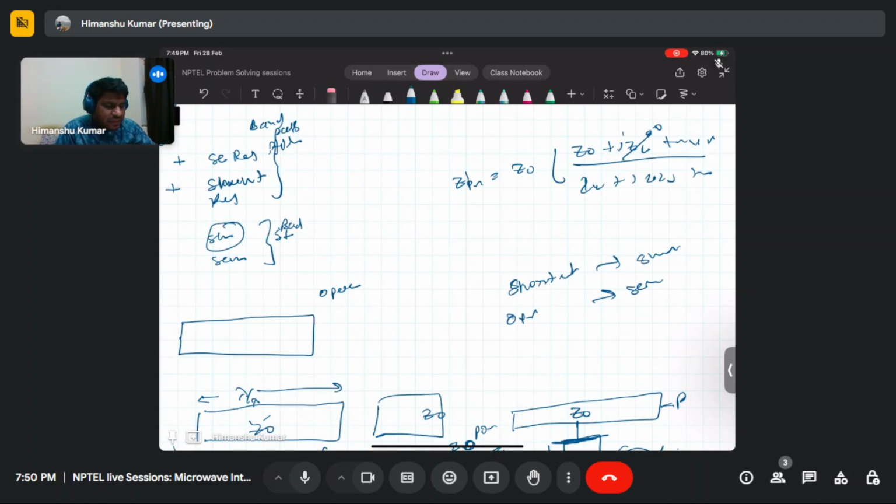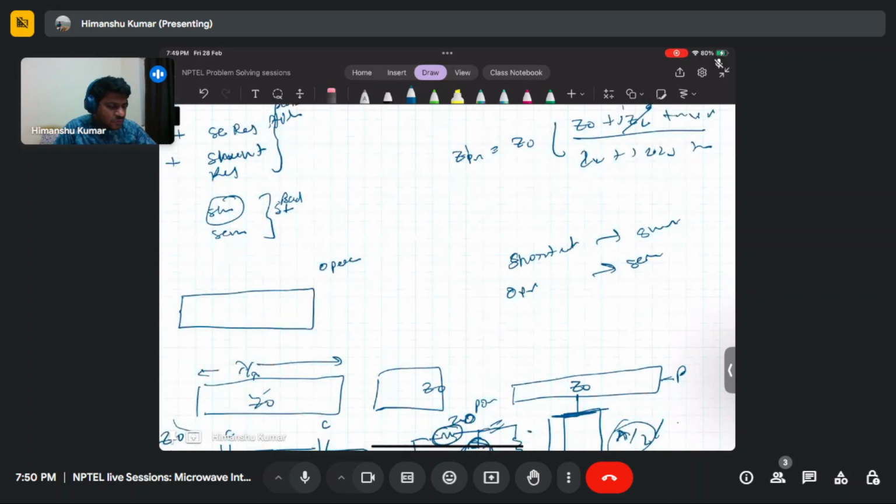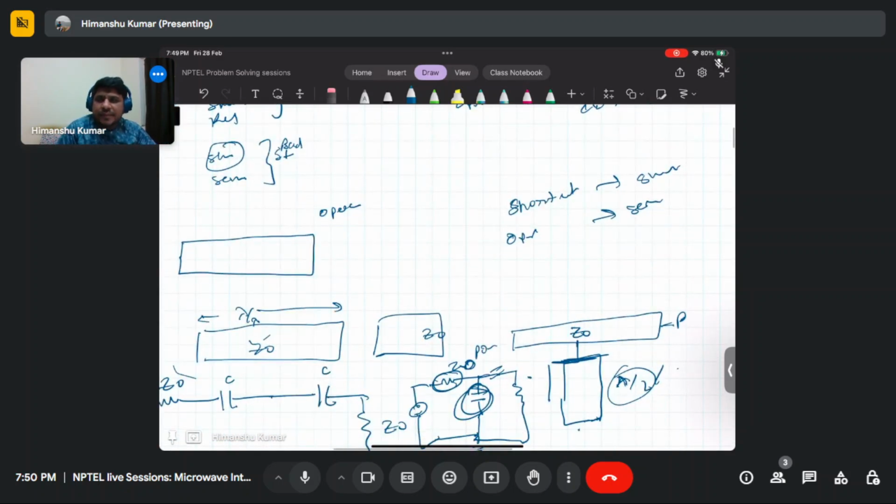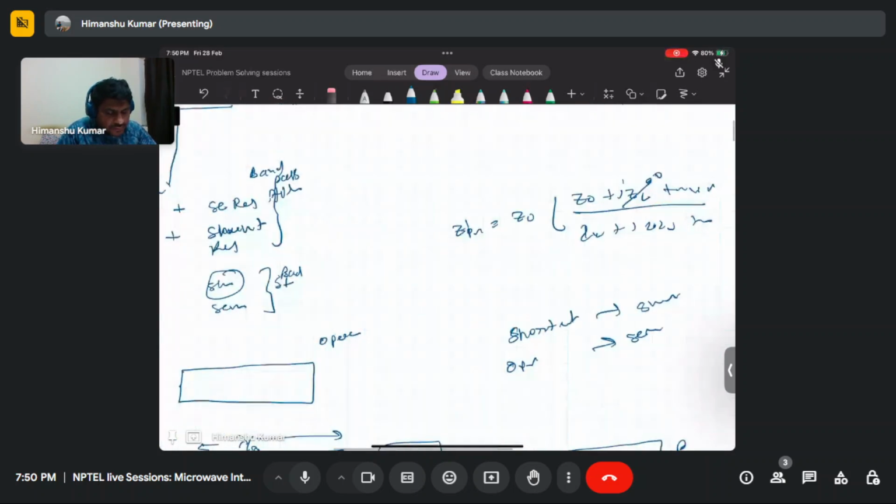You can calculate the impedance for short and open circuited lines. It will have finite impedance if you tune the length, right? So you need to tune the length.